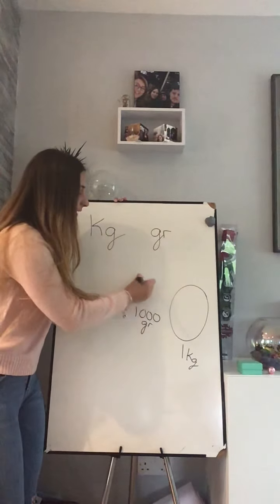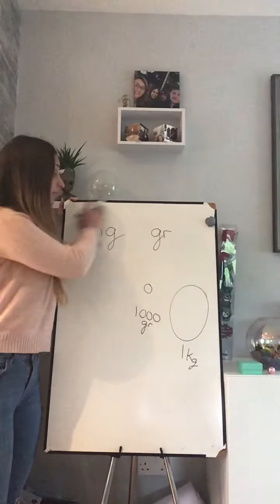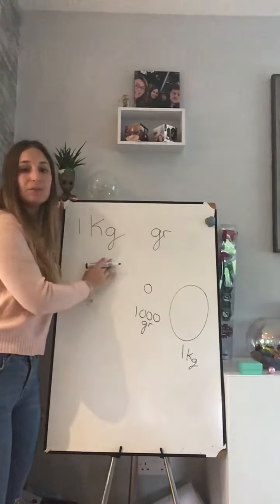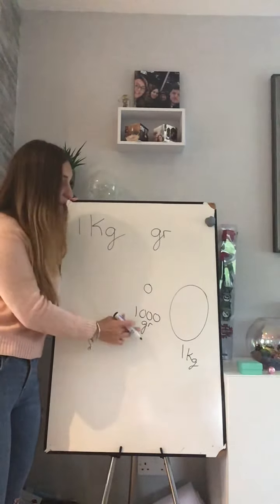That's a lot, isn't it? So to be able to get 1 kilogram, you will need to have 1,000 grams. It will weigh the same if I have 1,000 grams as 1 kilo.